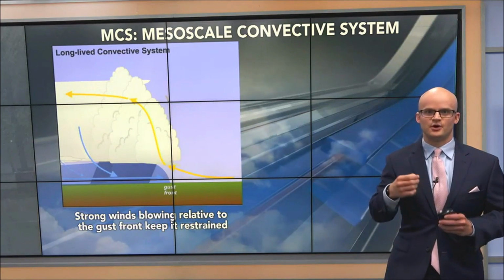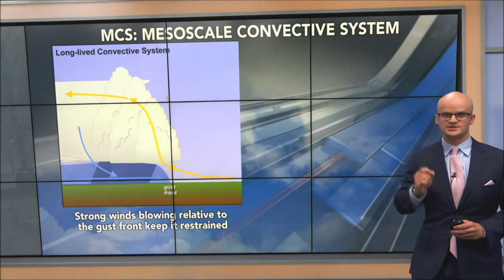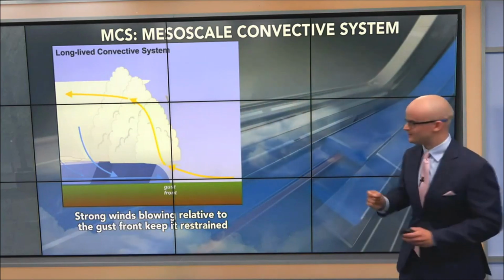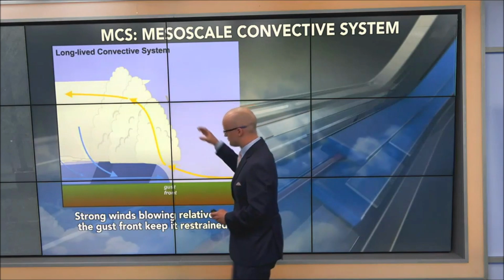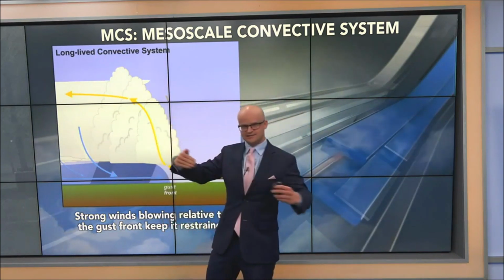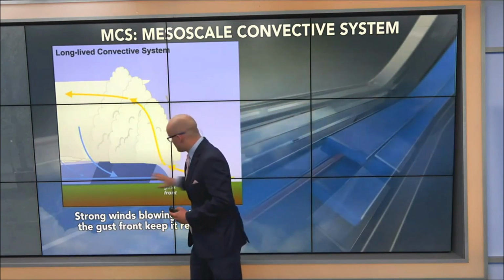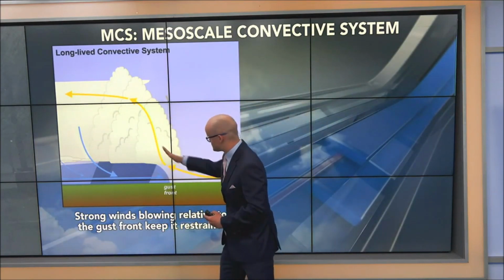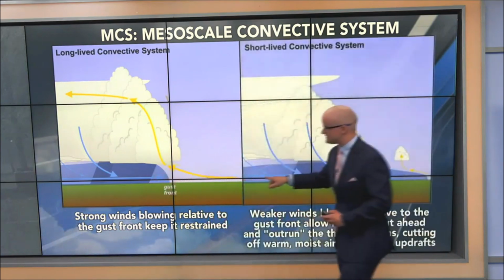We also have what are called MCSs, or mesoscale convective systems, that can cause extensive straight line wind damage. And this is a schematic of why these can sustain themselves. So we have that downdraft from, let's say, a linear line, a squall line of thunderstorms coming across an area. If the winds coming into the storm are strong enough, that will allow the storm to sustain itself.